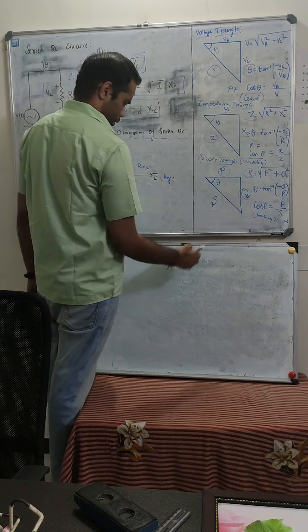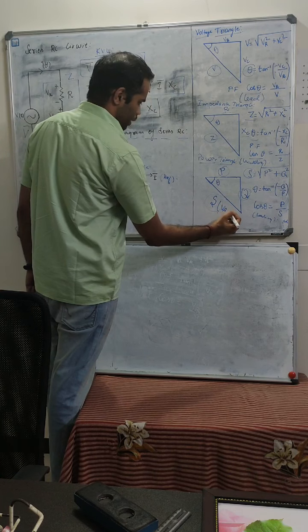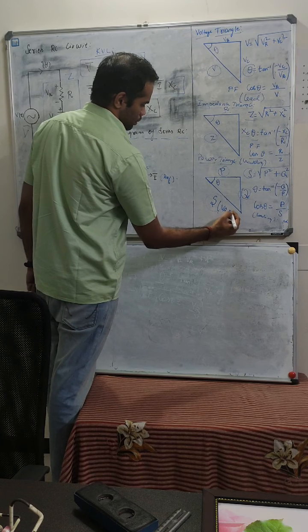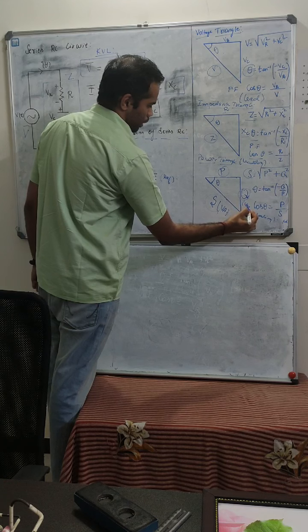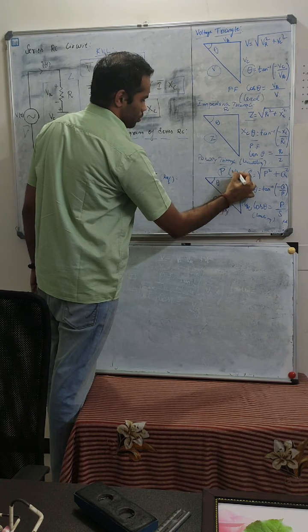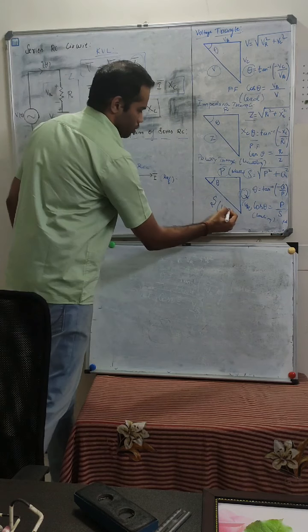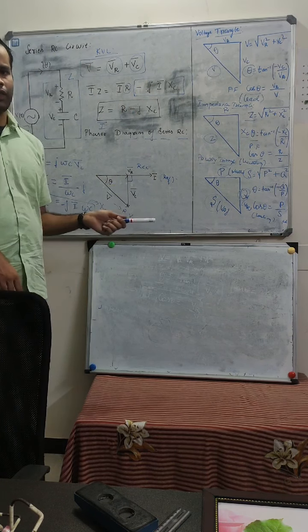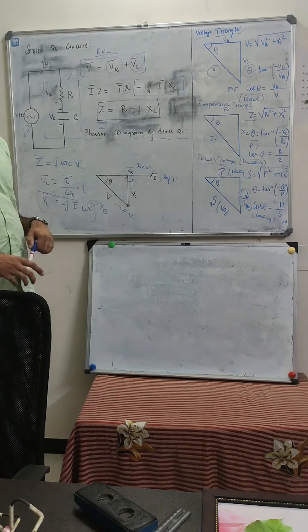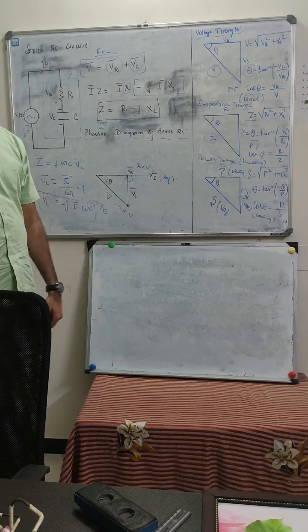Your apparent power is measured in VA, your reactive power in VAR, and real power in watts. I think it is very easy for you to connect with this concept, since we have seen it for RL and it remains the same. Only the phasor diagram has been altered. Other than that the concept remains the same.